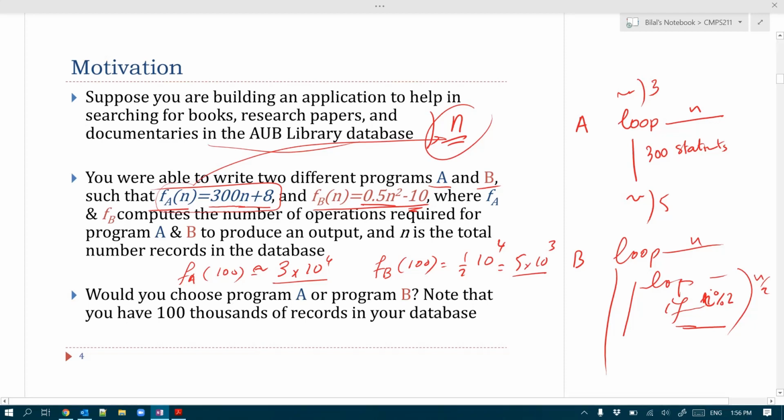So until now, you can see that algorithm B is doing much better, because the total number of instructions executed with B is much less than the total number executed with A.